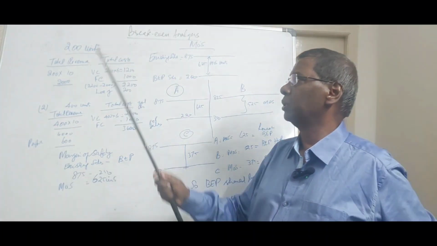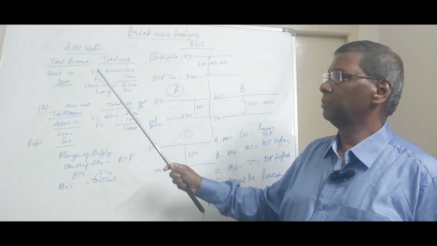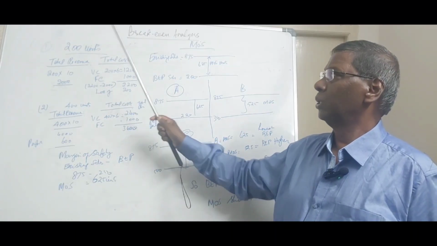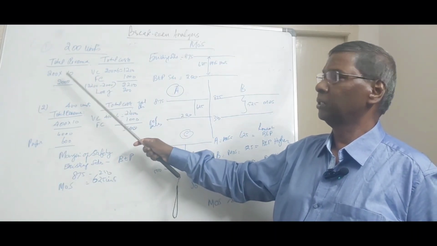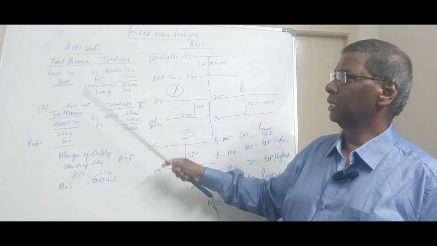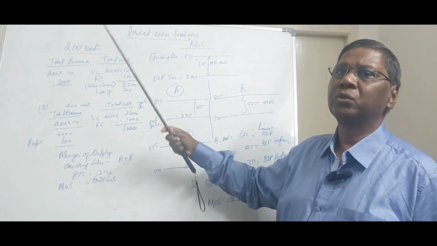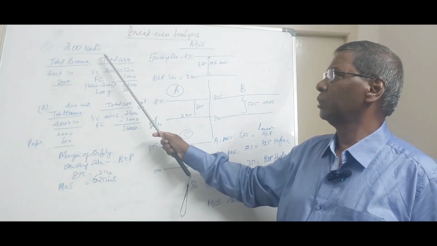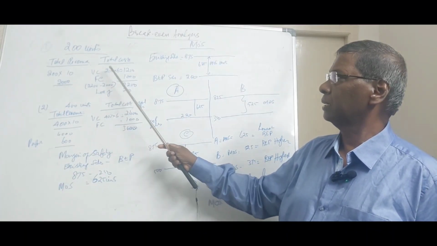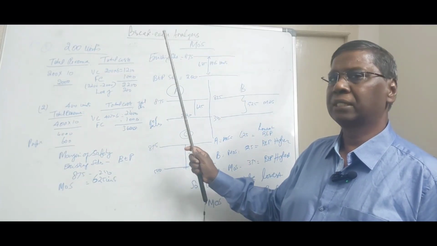Say 200 units are produced, while the break-even point is 250 units. Only the production and number of units is changing; it is the same example. He is not able to produce 250, he is able to produce only 200. So what is the revenue? 200 into 10, 2000 total sales. What is the total cost? Variable cost is 200 into 6, equal to 1200. Then fixed cost 1000. Fixed cost will remain the same.